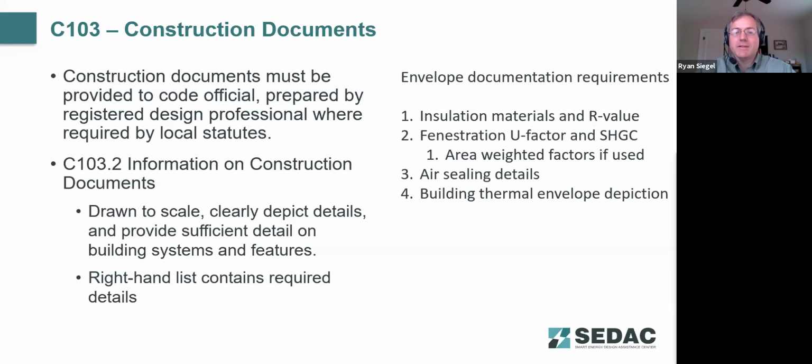We have to note insulation materials as well as the R value, the fenestration U value, and the solar heat gain coefficient. If you are using the area weighted factors or a U factor trade-off, then you need to provide the calculations for that trade-off, along with air sealing details and the building thermal envelope depiction.